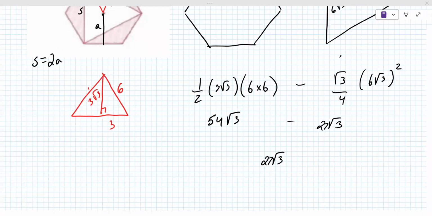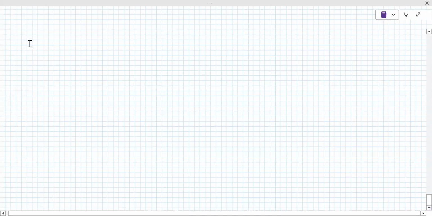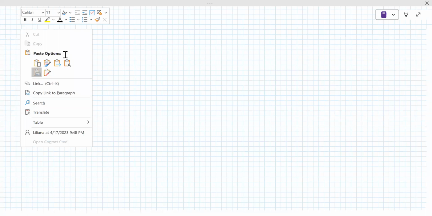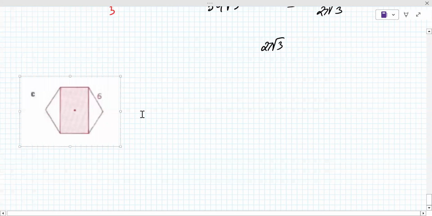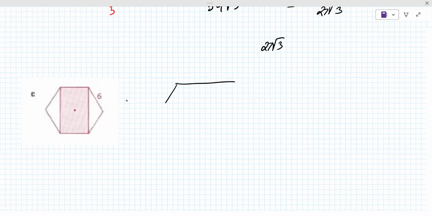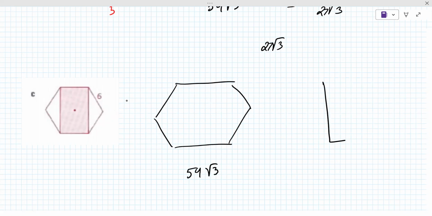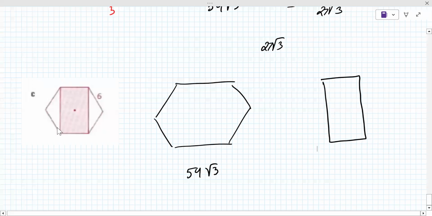And see if we got enough time to finish this. All right. So this time, is this the same? Okay, so the nice thing is you don't have to redo the calculation on the hexagon. It's 54 square root of 3. Okay. But this one, and we do know this vertical length here.